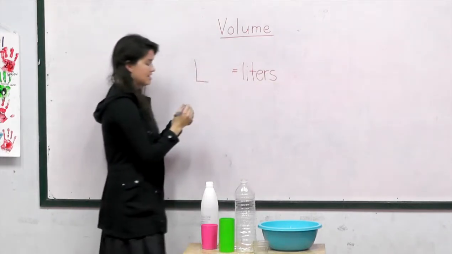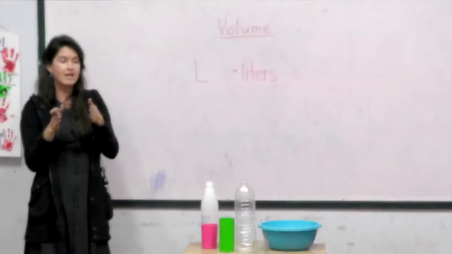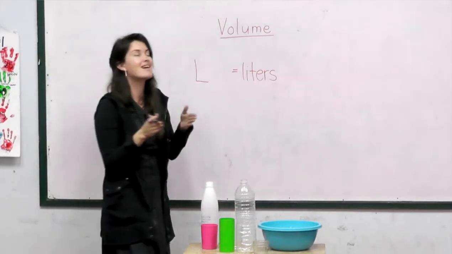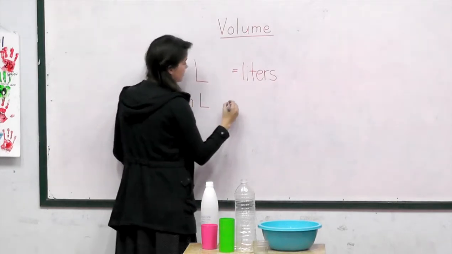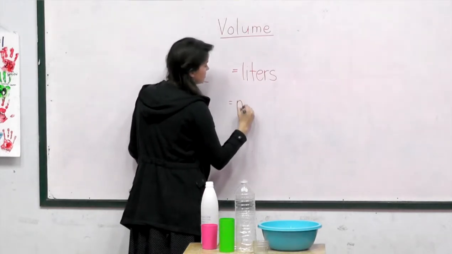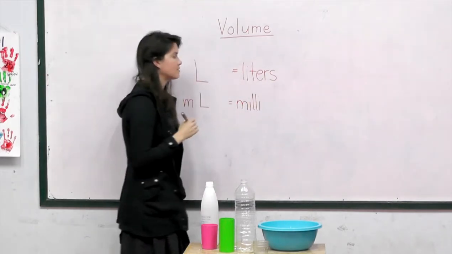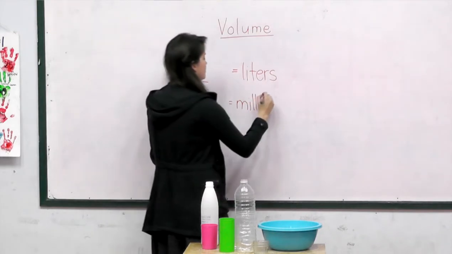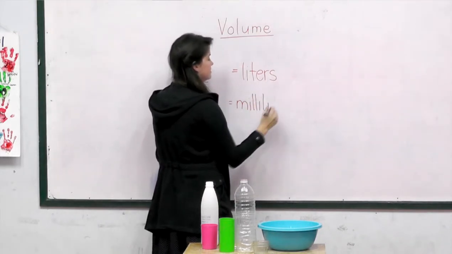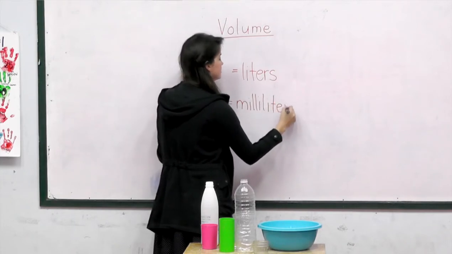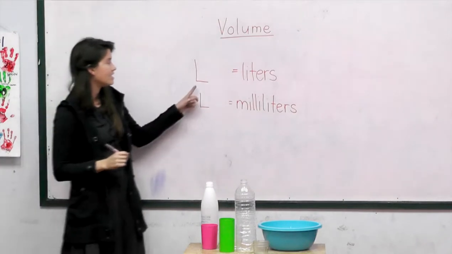What two letters do we use to make a short way to write milliliters? ML, you got it. ML equals milliliters. Can you help me spell the rest of the word? Very nice job, friends.